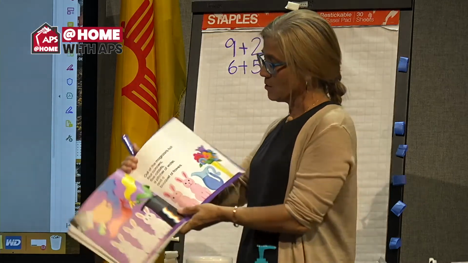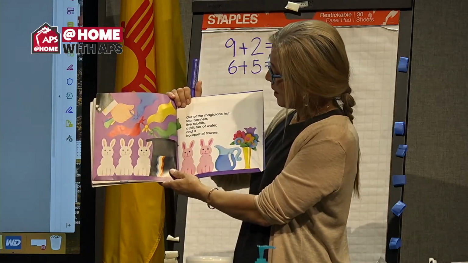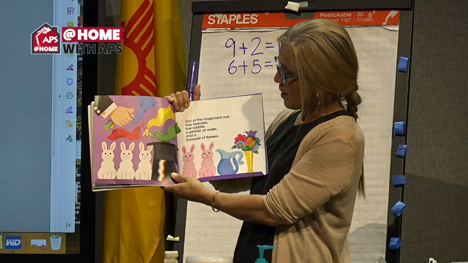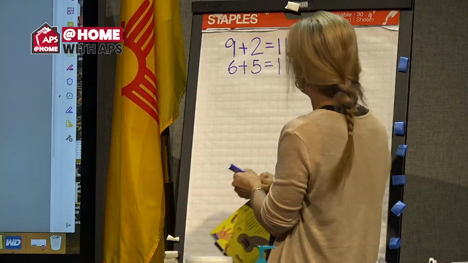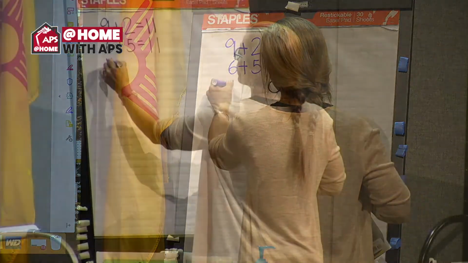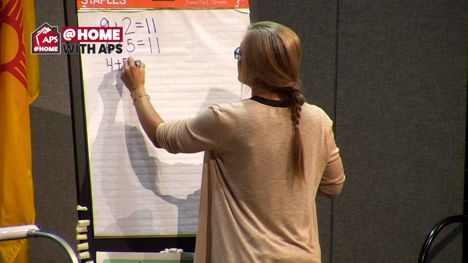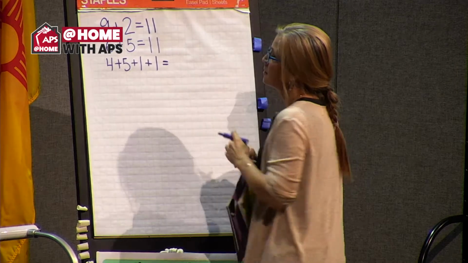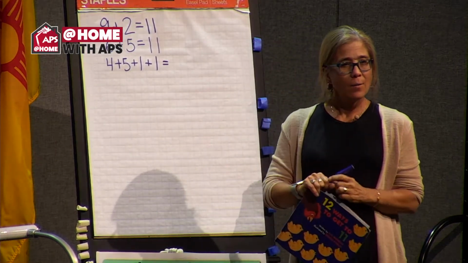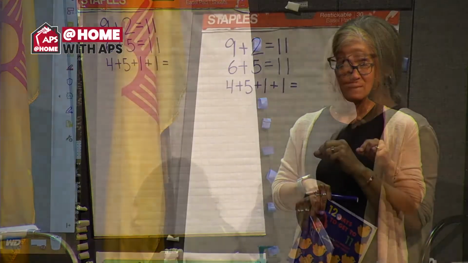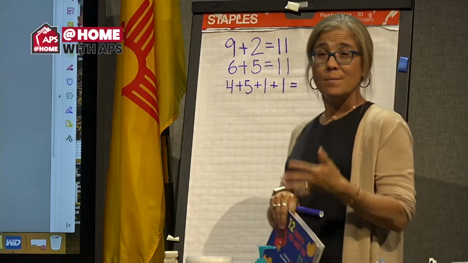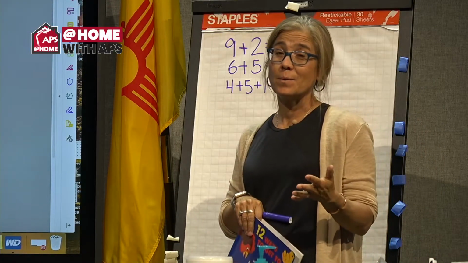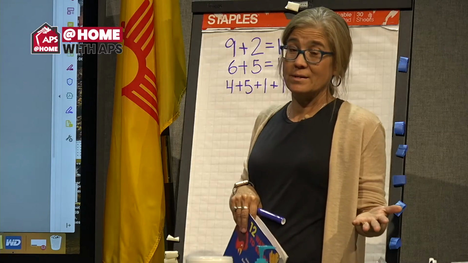What about this page? 4 banners, 5 rabbits, a pitcher of water, and a bouquet of flowers. 4 plus 5 plus 1 plus 1 equals what? I wonder if we look at those numbers, we can see a way to put them together to make 10, because that would make it easy to see if there would be 11, because 11 is just 1 more than 10, right?